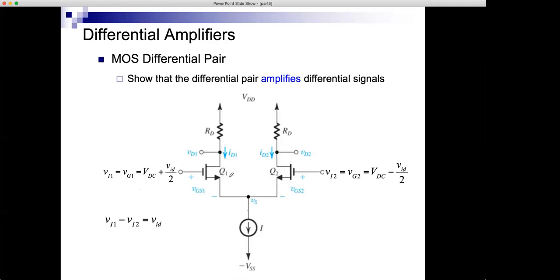So VCM plus VID over 2 and VCM minus VID over 2. We're assuming that the common mode input is DC, but it doesn't matter because we said whether it's DC or non-DC, the output will not react to it. So half of the differential input can be put here, and the other half, the minus VID over 2, can be put on the other side. And now what we want to show is that the output is some gain, which is hopefully large, times VID.